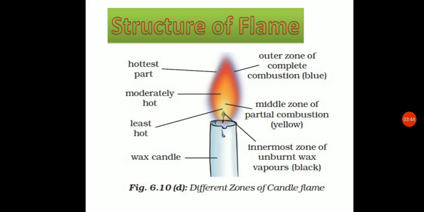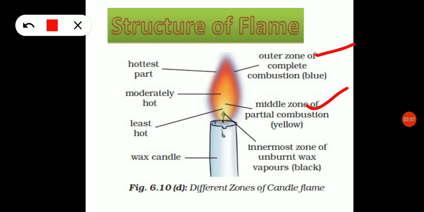So now we will study the different zones of the flame. The first zone is the outer zone, the second zone is the middle zone, and the third zone is the inner zone. Okay, so here due to the complete combustion, the outer zone is blue in color.